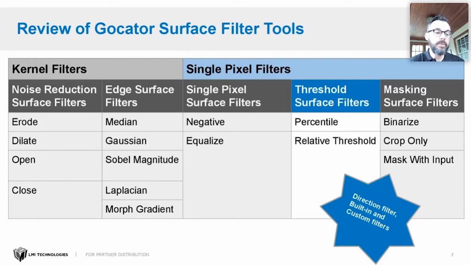We're going to talk about a couple of those today, percentile and relative threshold. But we're also going to talk about the direction filter, which is used for reflective surfaces often, and some of the built-in filters which might be embedded in other tools for ease of use, and some of the custom filter capability as well. So with that, I'm going to jump into the Gocator emulator, and we will look at a couple examples.